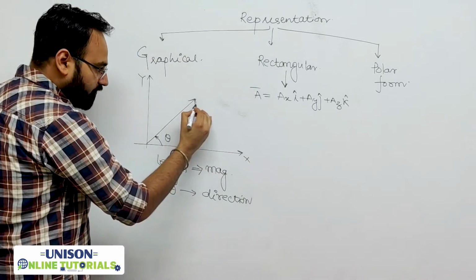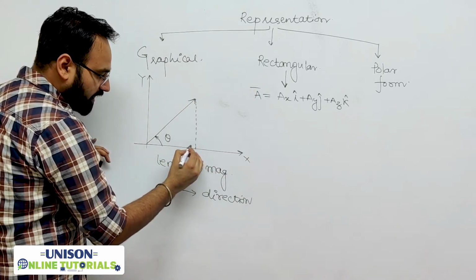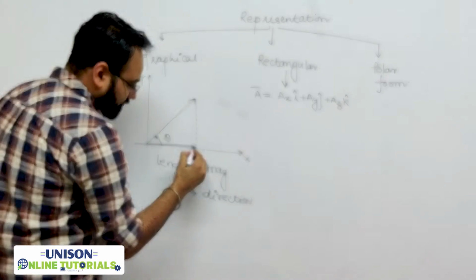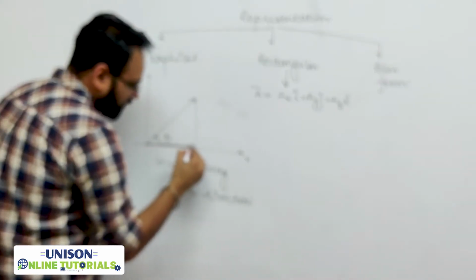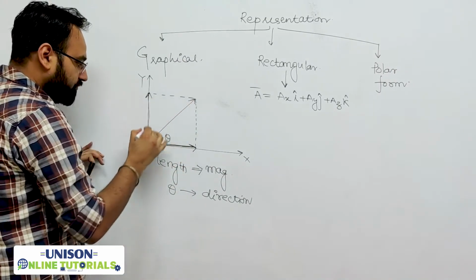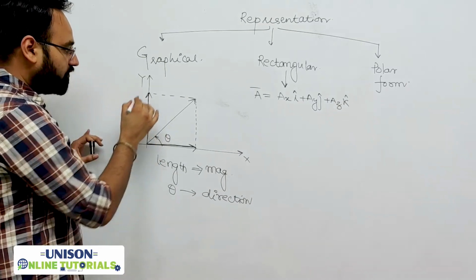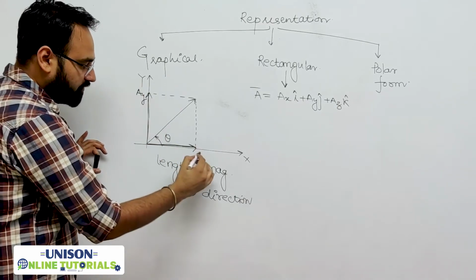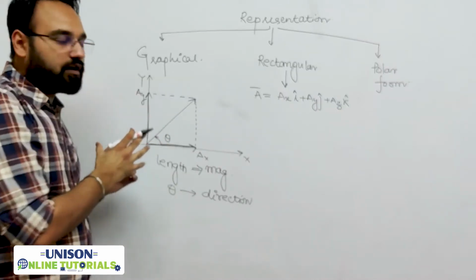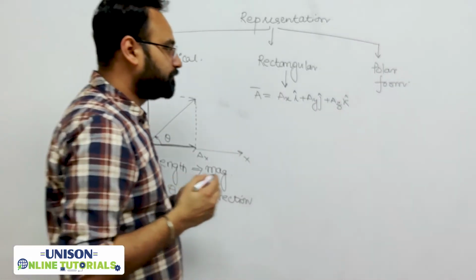Now here, if I want to find the component along the x-axis, this arrow will be the component along the x-axis. And if I want to find the component along the y-axis, this line will be the component along the y-axis, Ay, and this will be Ax. Similarly, if I draw the z-axis, then the component of this vector along the z-axis will be Az.